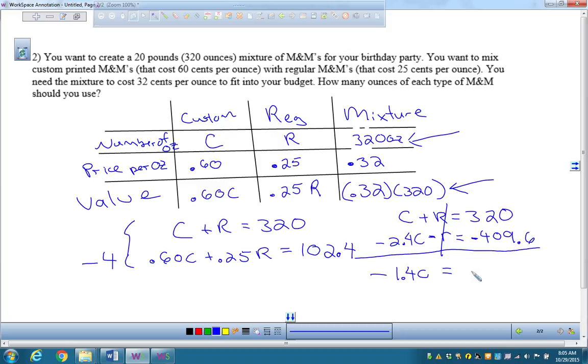Negative 89.6? Is that right? Yes? 89.6. And then I'm going to divide both sides by negative 1.4. Negative numbers, got to be good with those. Okay? Negative 1.4. And when I do that, hopefully, does it come out even?